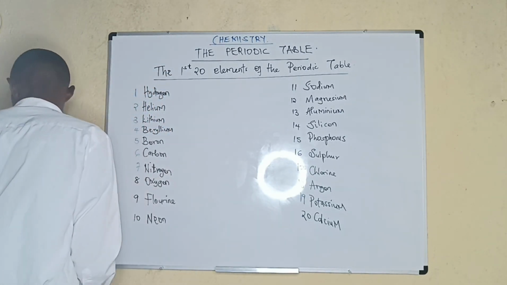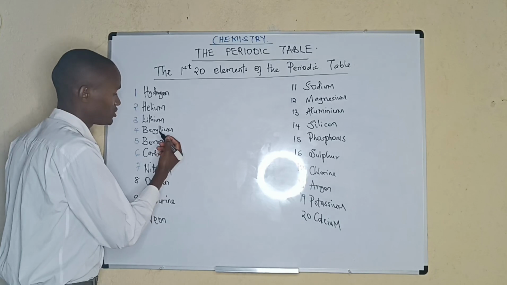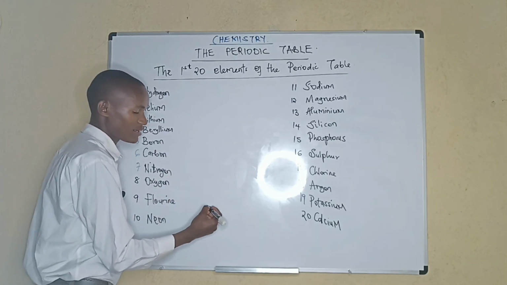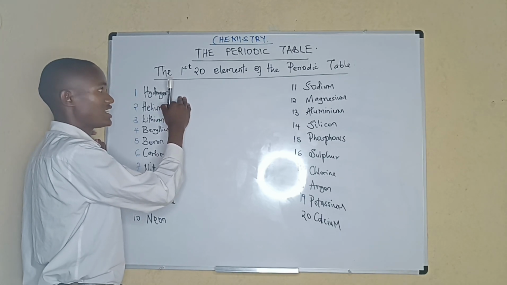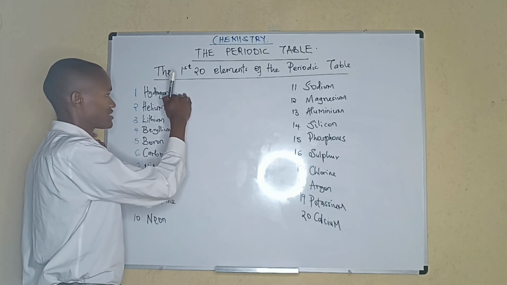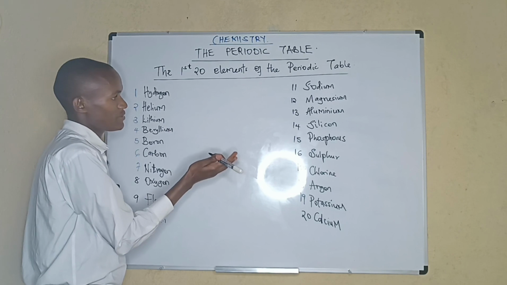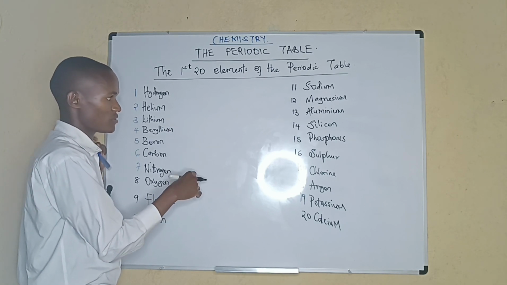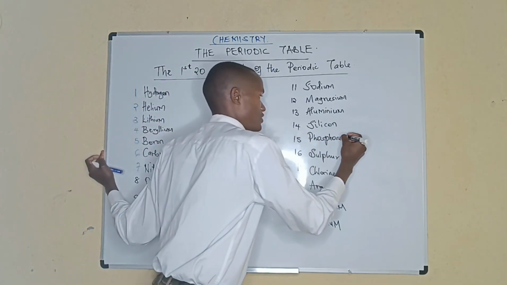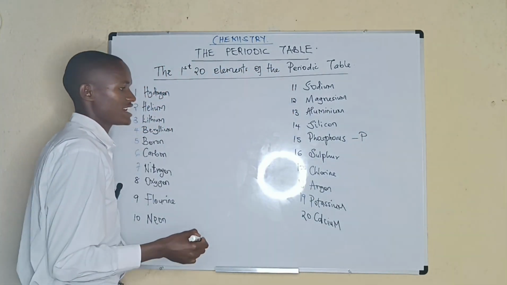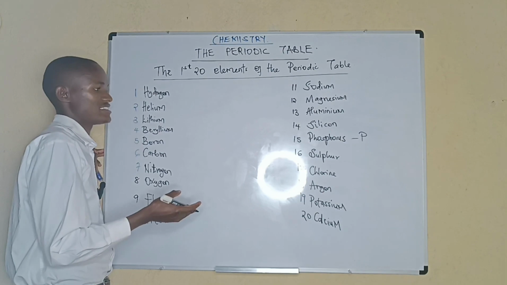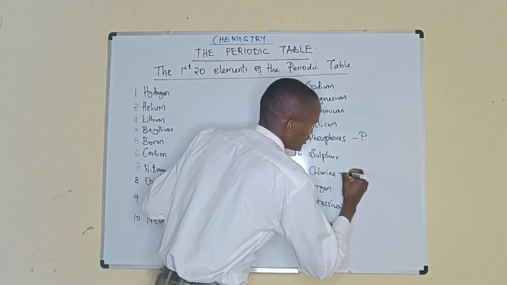Before we do that, a chemical symbol starts with a capital letter. That is one of the conditions. The very first letter of a chemical symbol of an element is a capital. Some elements have a single letter as their chemical symbol, like phosphorus, which has the letter P. Others have two letters, like chlorine.